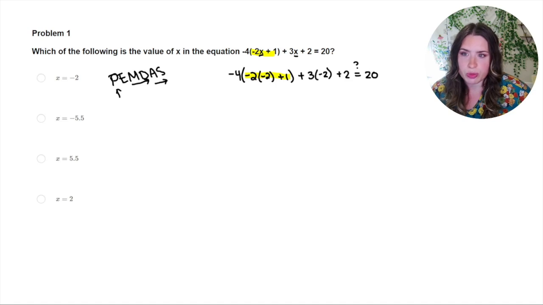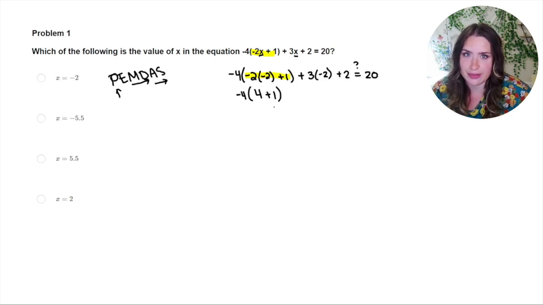So within those parentheses, I'm going to repeat the process. There's no exponents, so I'm going to do multiplication first. -2 times -2, a negative times a negative is a positive, so that should be +4. I'm going to rewrite -4 plus 1. Now note that the rest of this still exists.